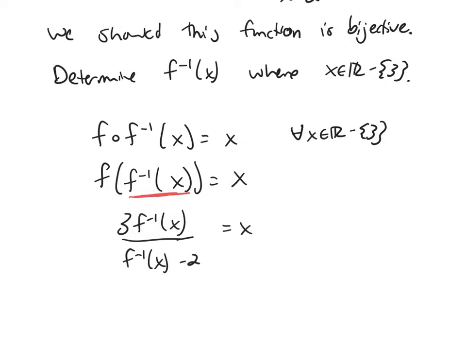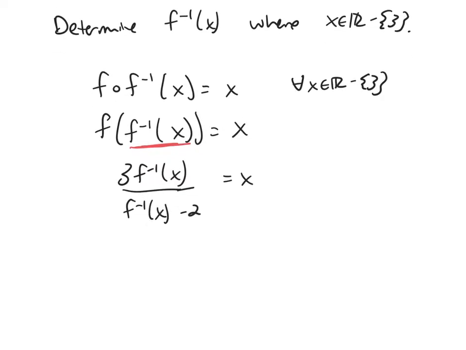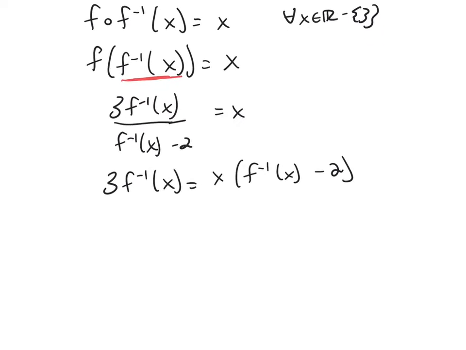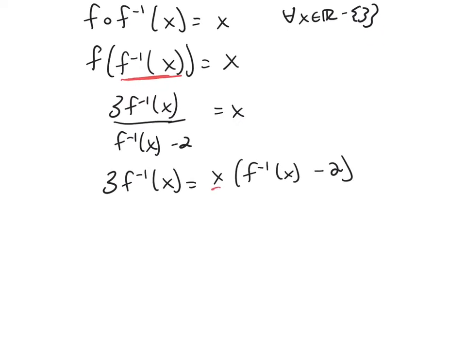That's equal to x. And our goal is to solve for f inverse of x. So I'm going to multiply both sides by the denominator. And then I'm going to distribute this x that's here, distribute that across.